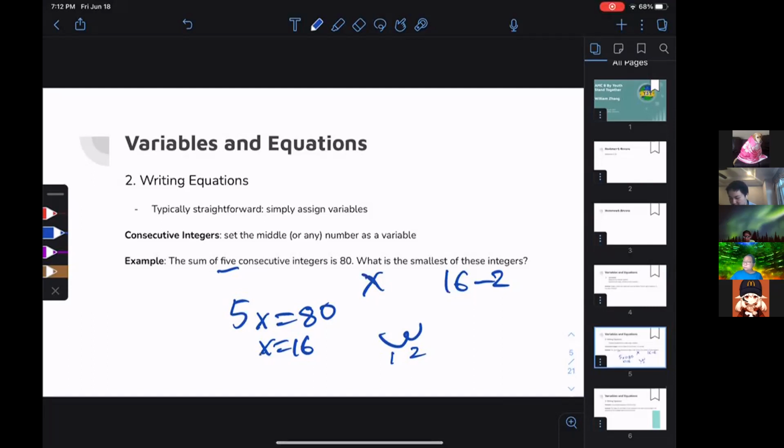Often, setting it as the midpoint or some other convenient number that lets all the other things cancel out, because you get x minus 2 plus x minus 1 plus x plus x plus 1 plus x plus 2, will often save you some time, but just be careful to answer the final question that they're asking for properly in these cases.